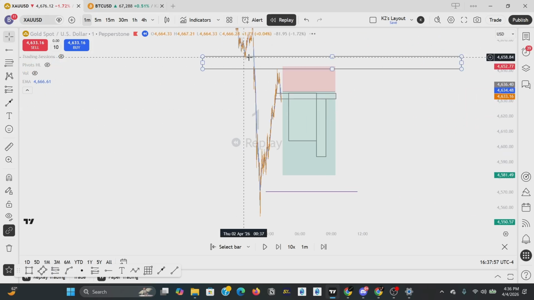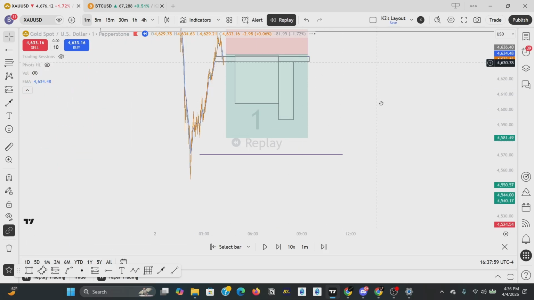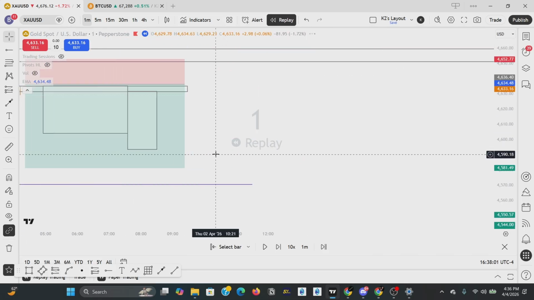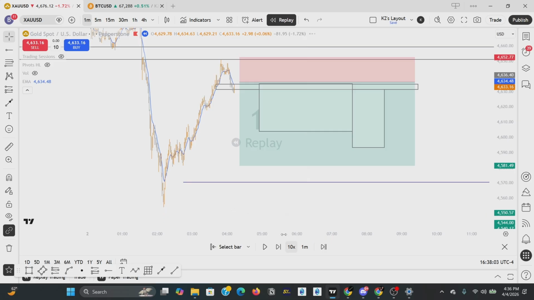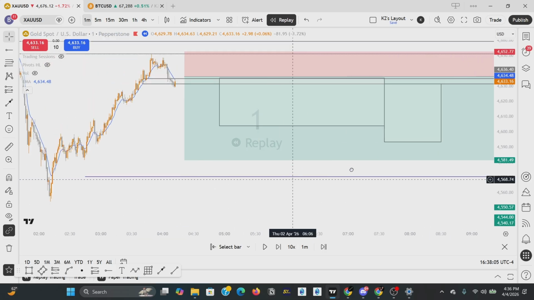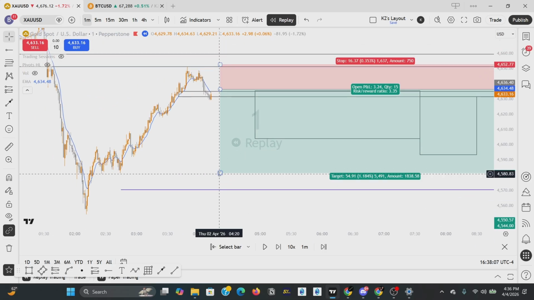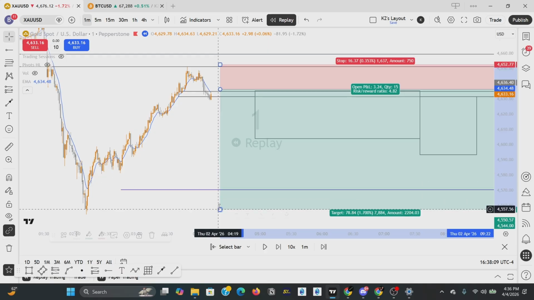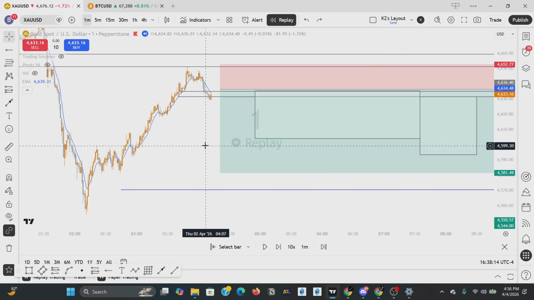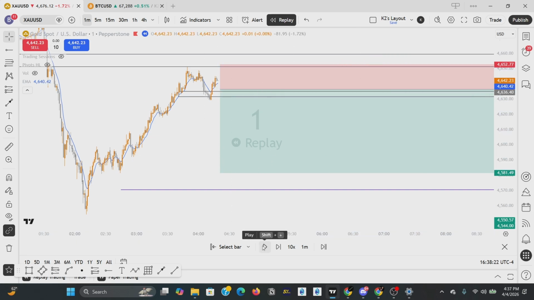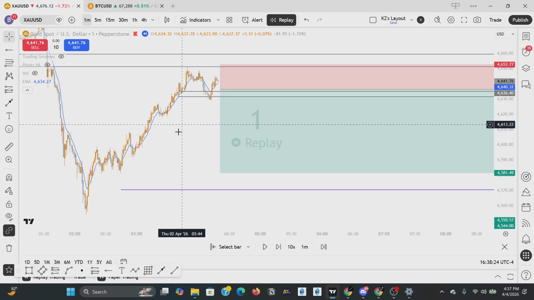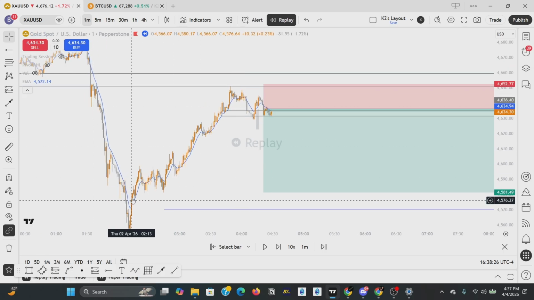Now, originally, I had my take profit set to. Dang, why it look like that? Originally, I had my take profit set all the way down here, but I'm gonna show you why I moved it up here. So I'm looking, I see price made a really low.